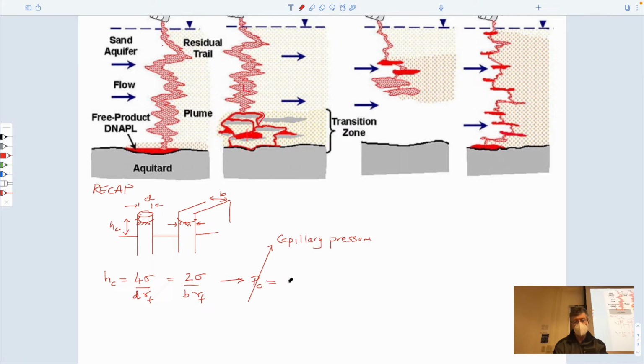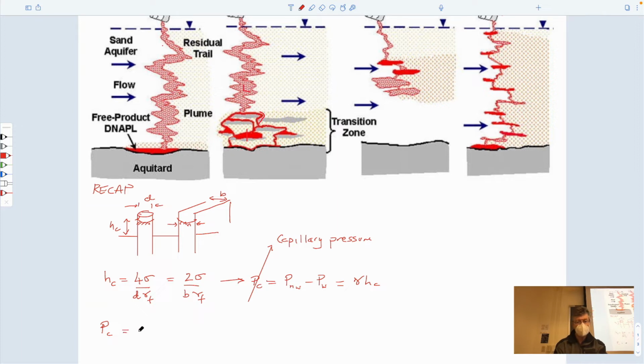Which is equal to, by definition, the pressure in the non-wetting minus the pressure in the wetting. Let me come back to that. And that would be equal to unit weight times HC. And so the capillary pressure for these, if we were to write it out, would be just these terms here multiplied by unit weight.